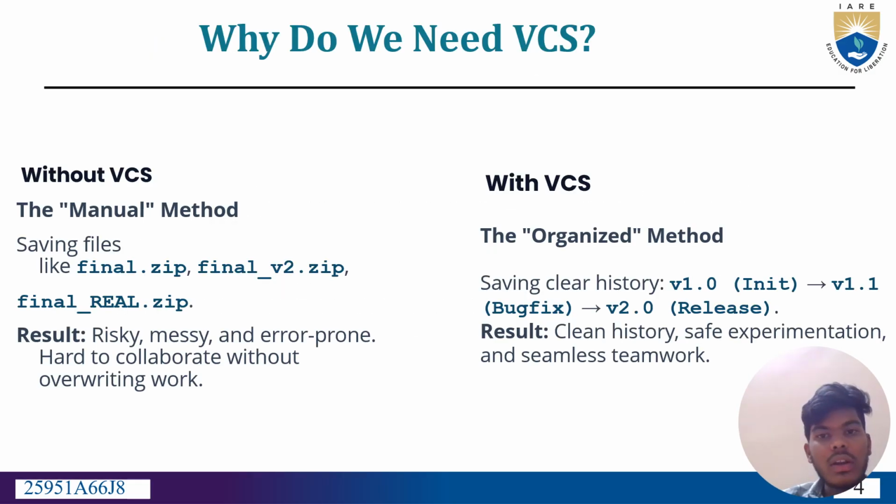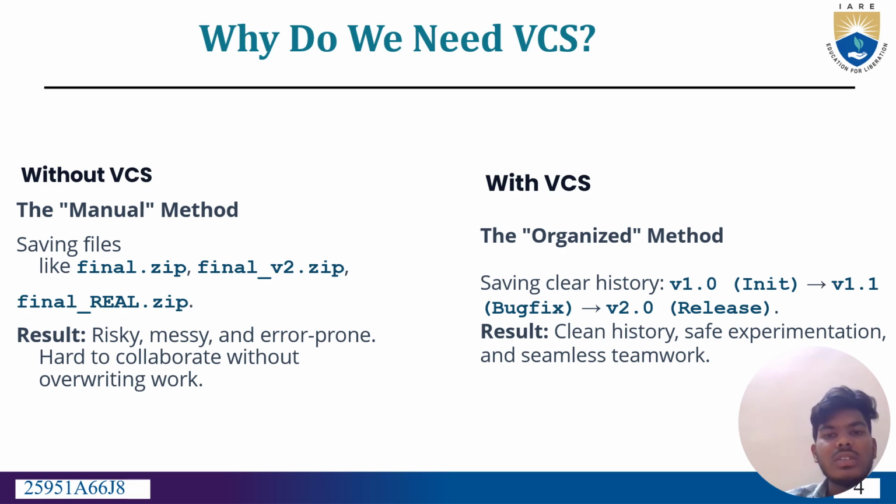Next, why do we use VCS and why do we need it? Here you can see what happens without VCS and with VCS. Without VCS, it is a manual method.